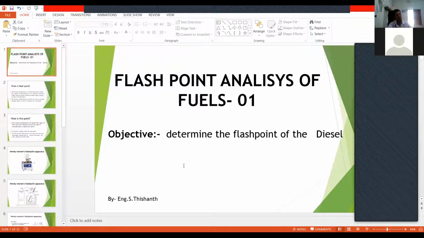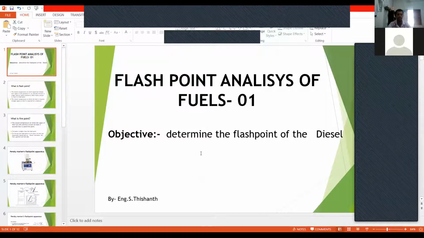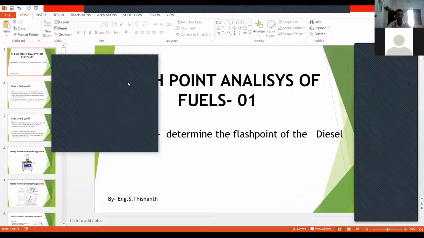Within this session, we'll find out how we test the flashpoint, check a little theory, and I will briefly explain what flashpoint and fire point are. Then I will explain the apparatus we use to derive the flashpoint or fire point for fuels.